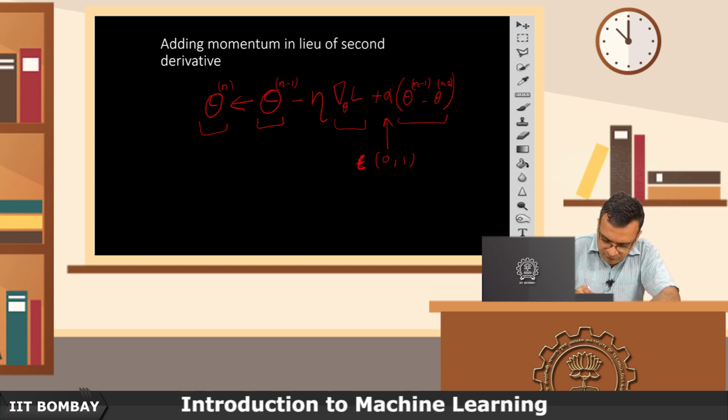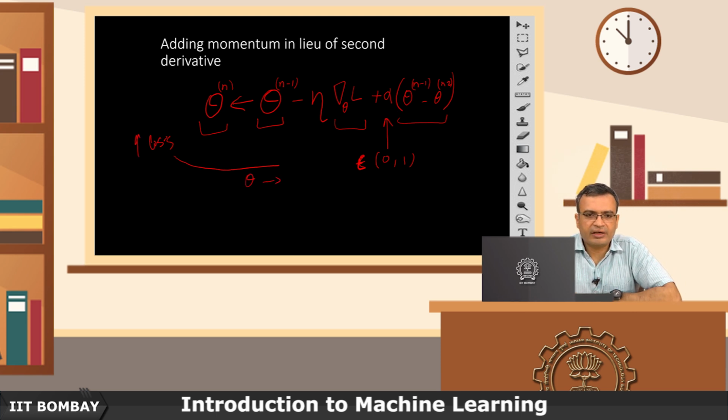So basically, let's say you are in a flat region of a loss curve, okay, so this is loss and this is weight. If we are in a flat region of a loss curve and we made a small update last time, whereas we should have done a large update to escape, let's say, and find a better minima.